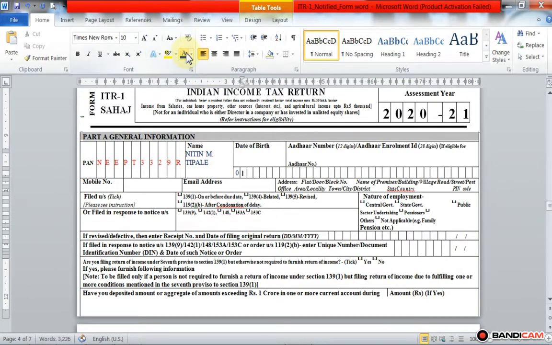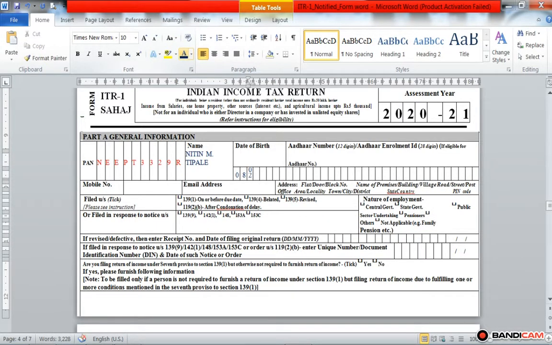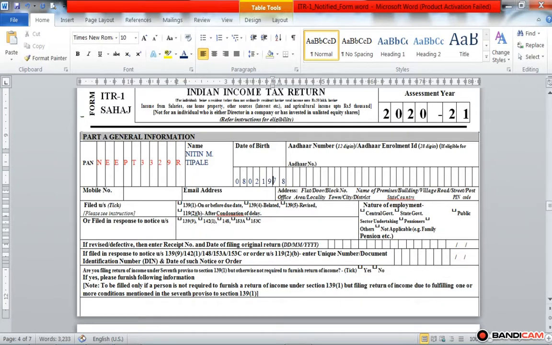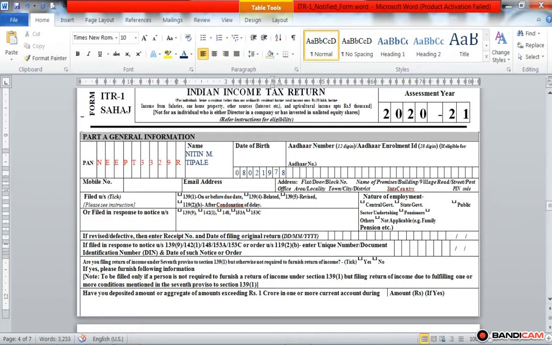So here we put the date of birth in the format 08, 02, 1978.